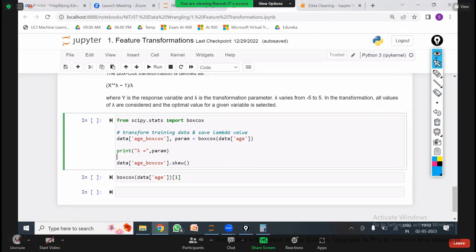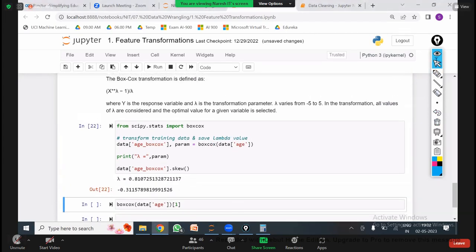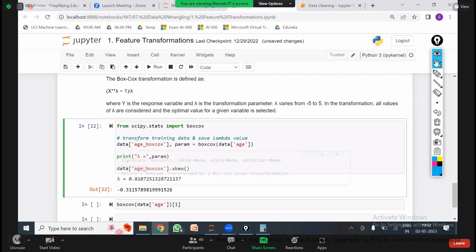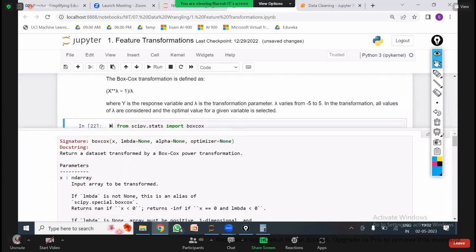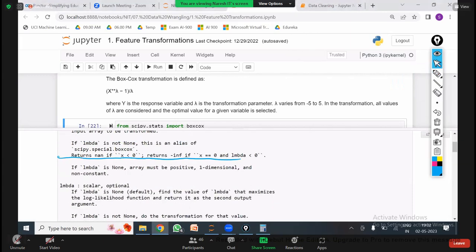Now it is going to apply the Box-Cox, and lambda value is equal to 0.81. This Box-Cox transformation is going to return a data set transformed by the Box-Cox power transformation, whatever the data is there, it is going to return the output as the data.